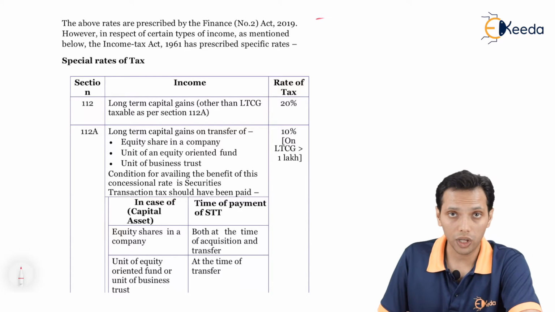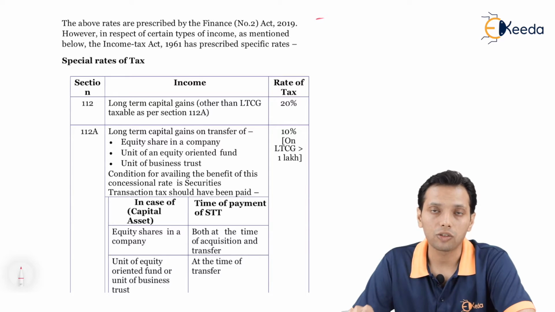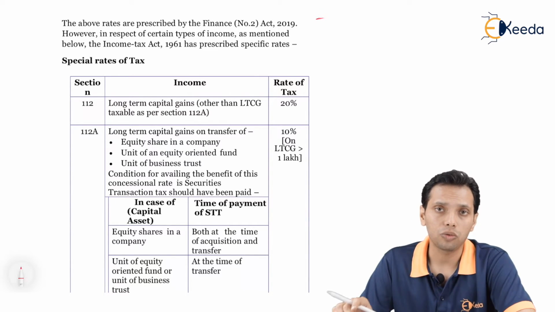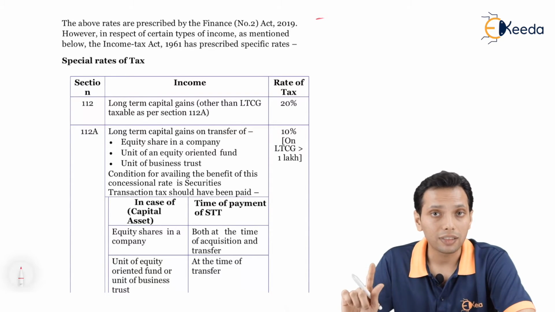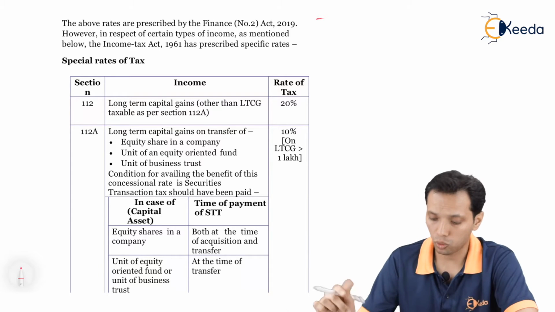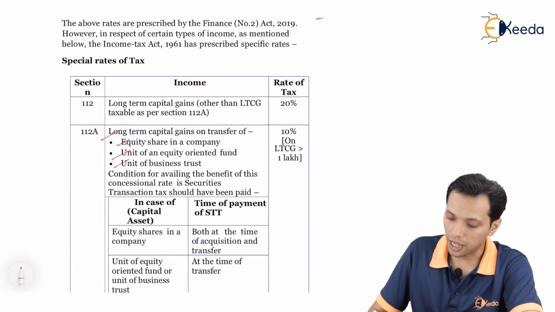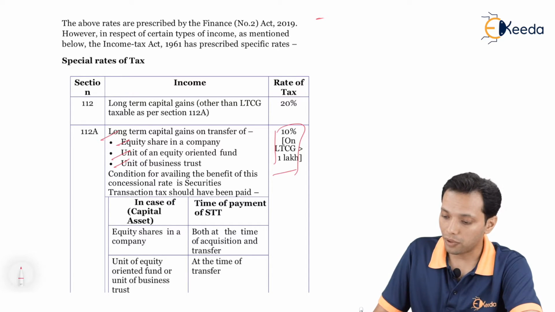Then 112A, which states that long-term capital gains from equity shares or equity oriented fund or business trust would be subject to tax at 10% if long-term capital gains exceed 1 lakh. So on the screen, long-term capital gains on transfer of equity share, unit of equity oriented fund and unit of business trust: 10% on long-term capital gains which is more than 1 lakh.